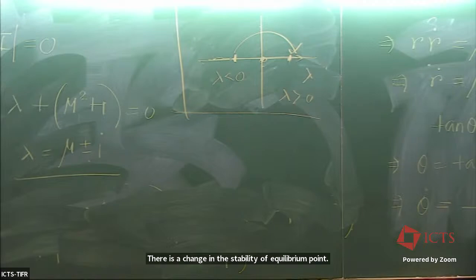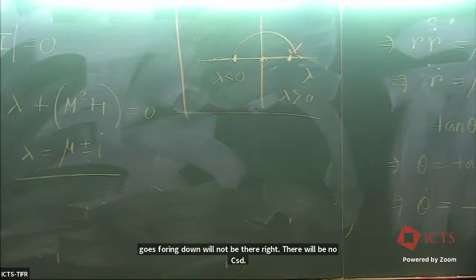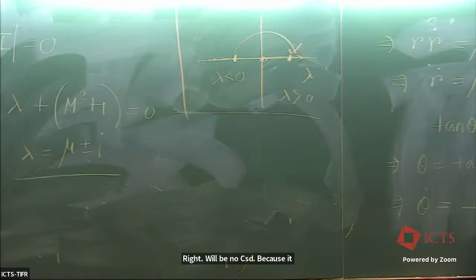But what will not be there in such a system? Can anyone tell? Critical slowing down will not be there. There will be no CSD because it is not crossing lambda equals 0. Such cases are fundamentally unpredictable using these early warning signals.